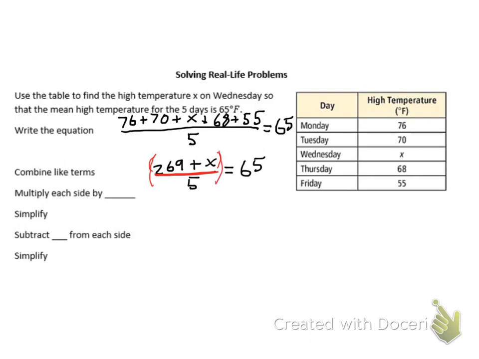And what we're going to do is multiply each side by a 5. As we multiply each side by 5, this side would give us 5 over 5, which is just 1, leaving us with 269 plus x equals 5 times 65, which would be 325. And now we are going to get rid of that 269 by subtracting 269 from each side.